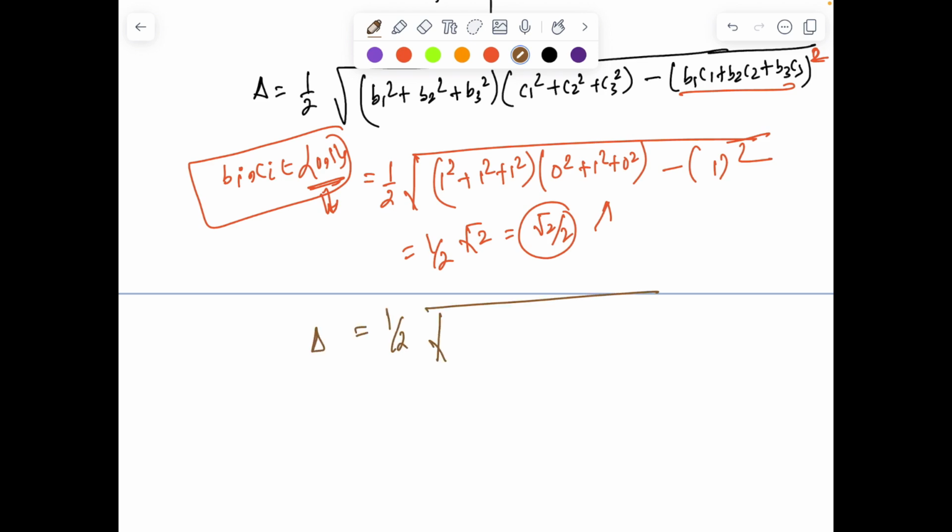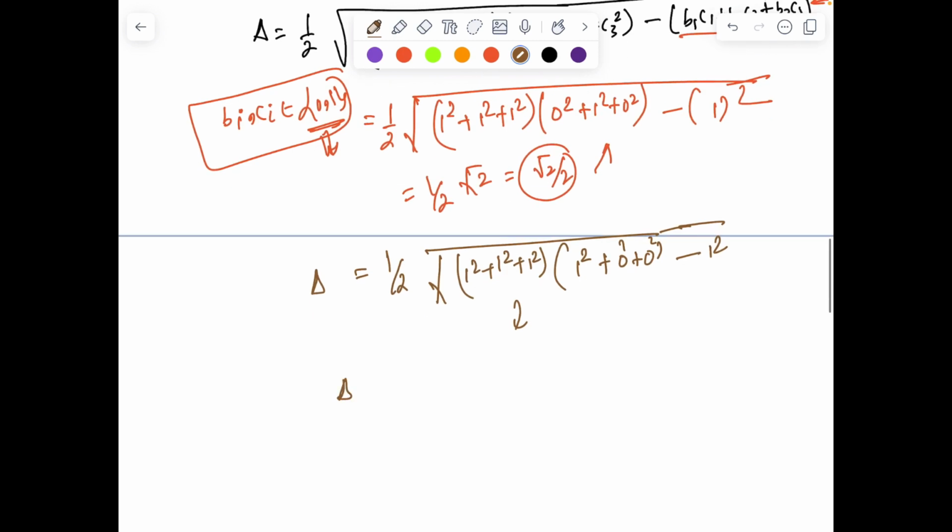Probably this is possible, because I can take maybe delta as 1 square plus 1 square plus 1 square. And what if I take exactly 1 and 2 0s? It will not work, because it's exactly the same thing, right?